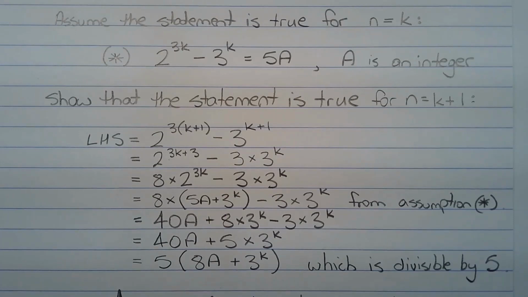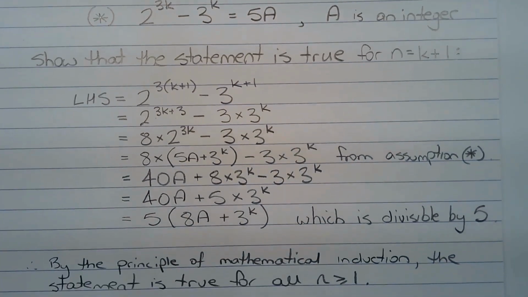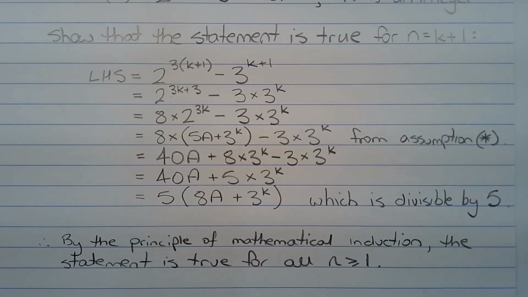Factorising out 5, that equals 5 times 8a plus 3 to the power of k, which is divisible by 5. Therefore, by the principle of mathematical induction, the statement is true for all n greater than or equal to 1.